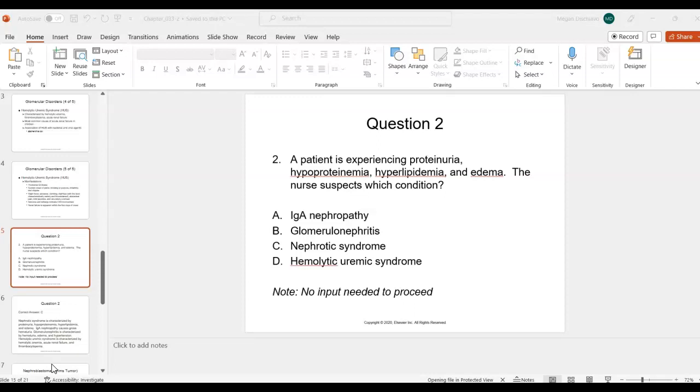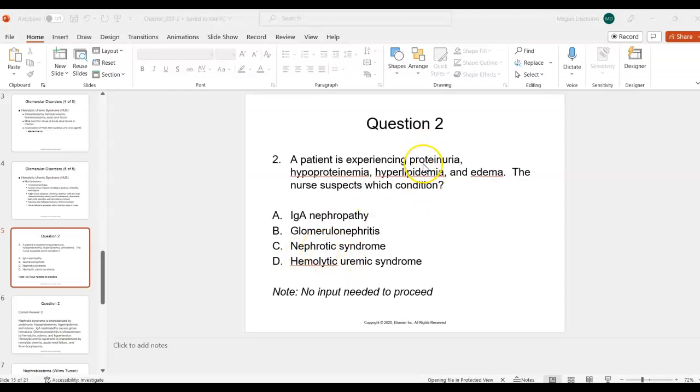This topic comes up often in the nursing path classes that I've taught. And this question, once again, if we read this, I want to point out proteinuria, O. Hypoproteinemia, O. In England, Britain, across the seas, they spell edema with an O. O. Nephrotic syndrome.